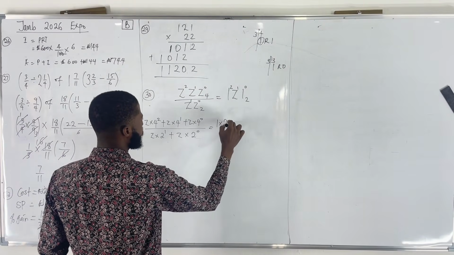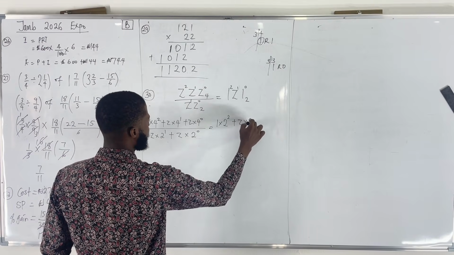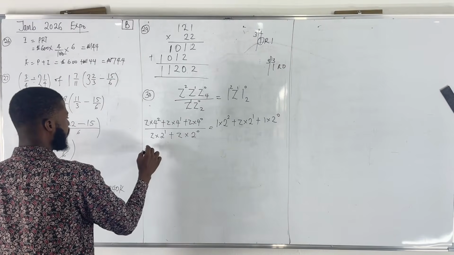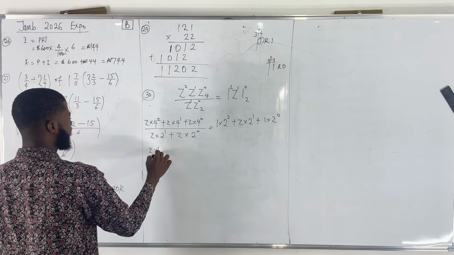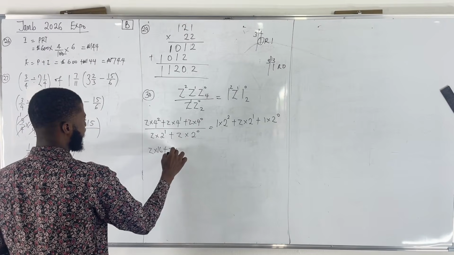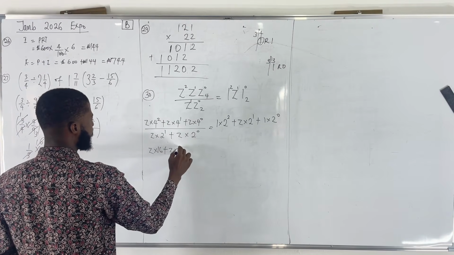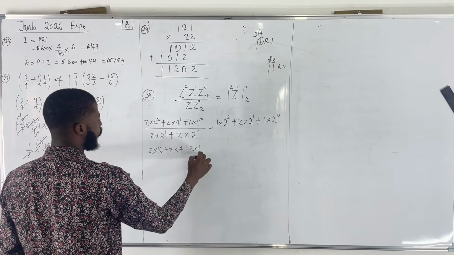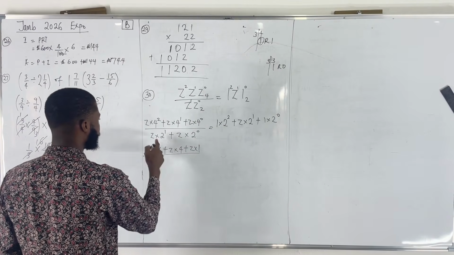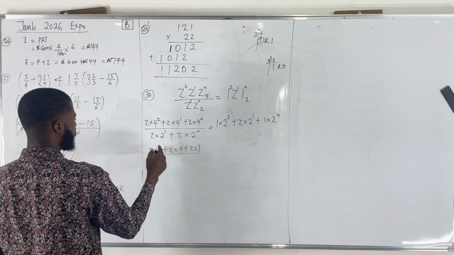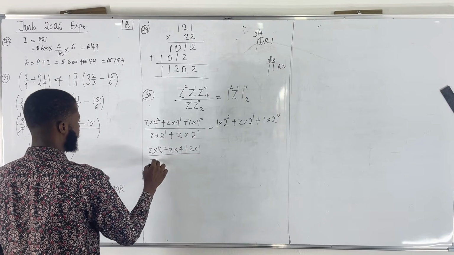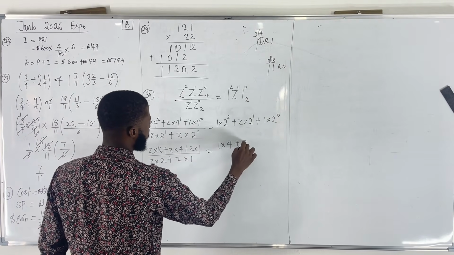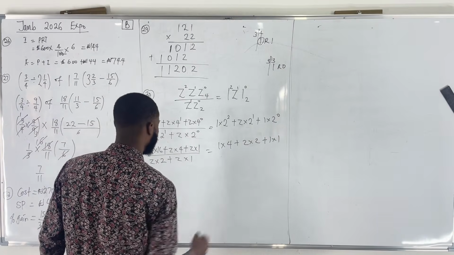So this will be 1 times 2 to the power of 2 plus z times 2 to the power of 1 plus 1 times 2 to the power of 0.